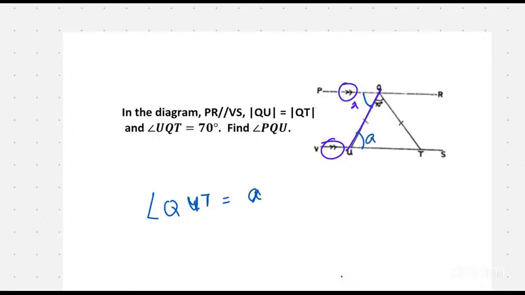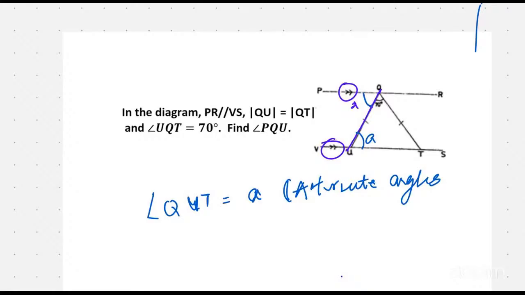This is also A degrees because they are alternate angles.